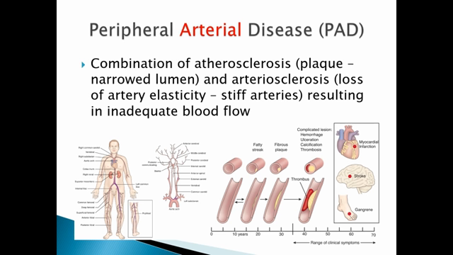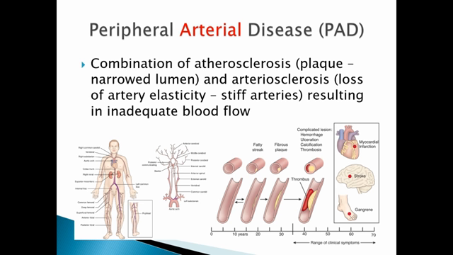Typically, this is a combination of two problems. You have a narrowed vessel because of the plaque, and you also have what we call arteriosclerosis. This is the loss of artery elasticity, so it doesn't vasoconstrict and vasodilate as easily as it did before. You might call it hardening of the arteries or stiff arteries. Bottom line, both of these are going to cause inadequate blood flow.